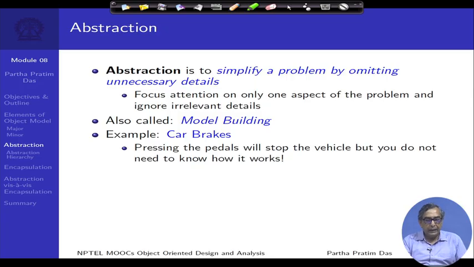Abstraction, as we have already seen and are just reiterating, is to simplify a problem by omitting unnecessary details. We had seen that the human brain is not capable of handling arbitrary amounts of semantic complexity. So, things need to be simple at every stage.